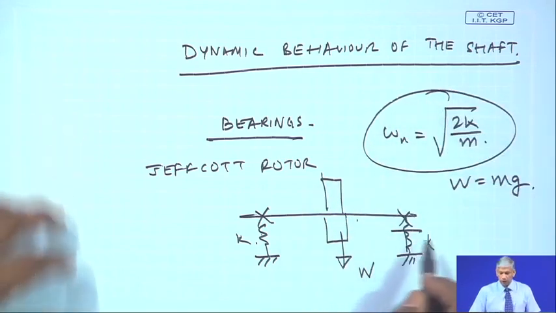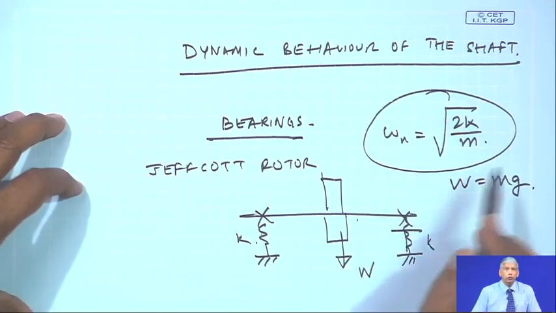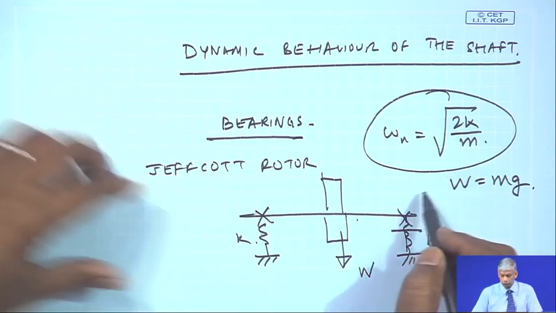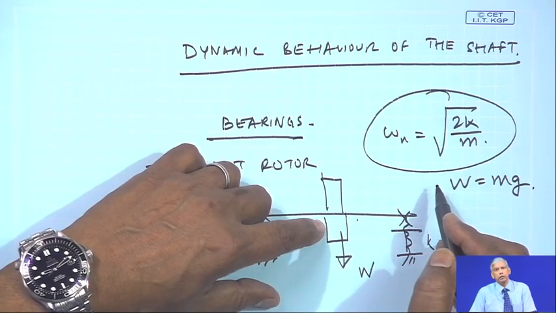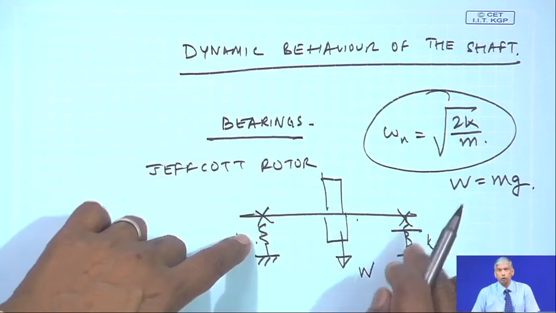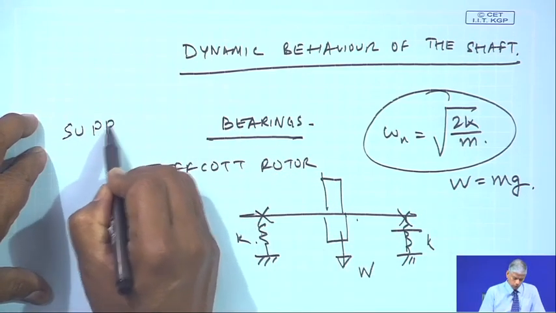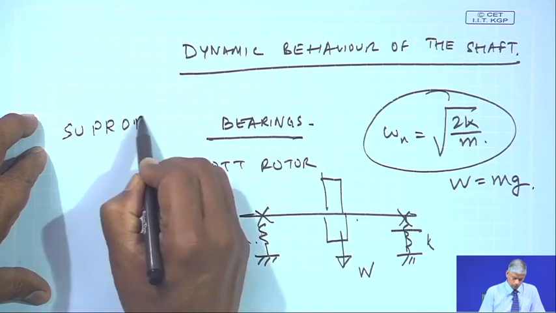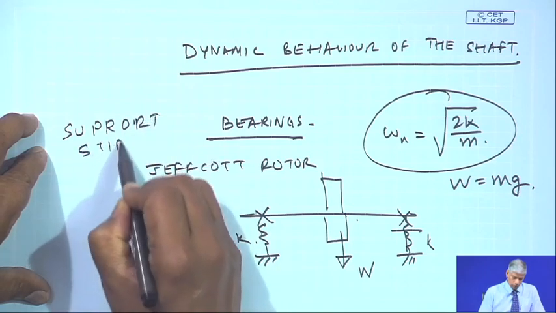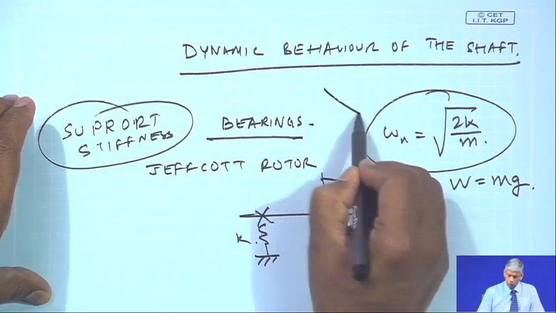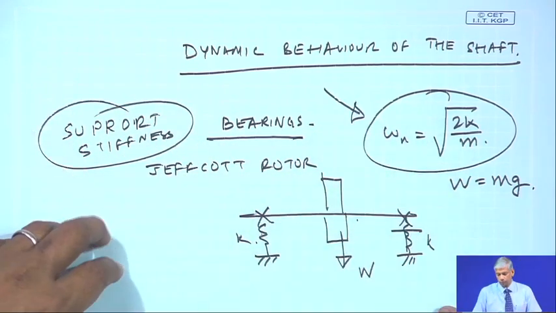So, this system has a natural frequency, which is influenced by the mass carried by this shaft and the support stiffness. Support stiffness is very important, and it controls what is known as the natural frequency of the system.